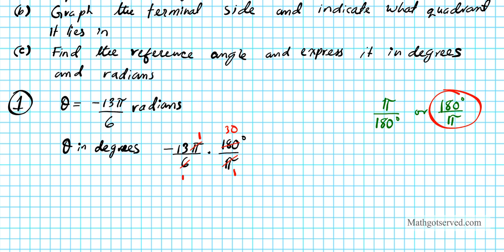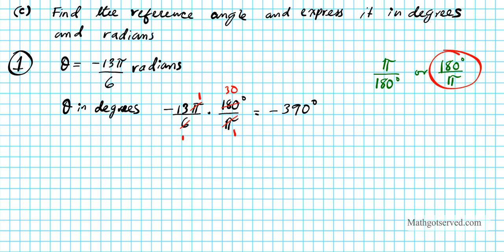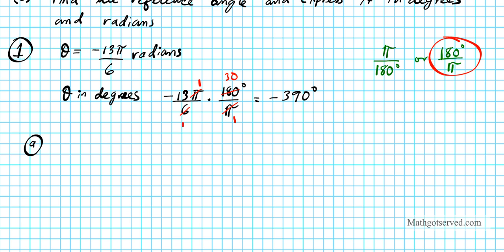If you multiply across, you're going to end up with negative 390 degrees. Okay? So for part A, theta equals negative 13 pi over 6 radians, or negative 390 degrees. Okay, so there goes our first answer.